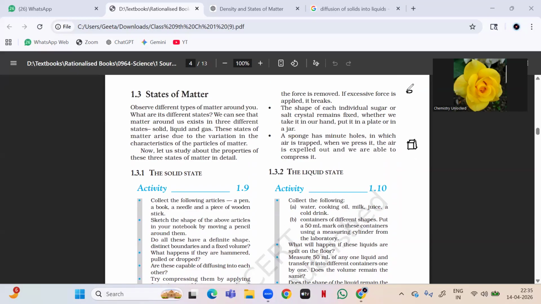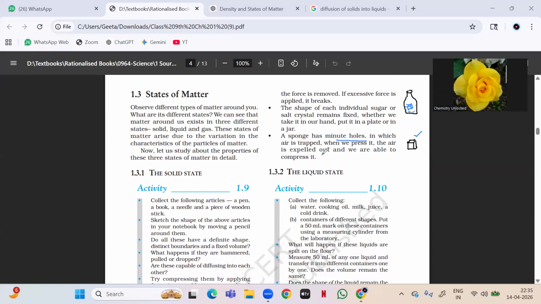If you are putting it in a jar, it appears that it is taking the shape of the jar. But if you see the crystals separately, the crystals are maintaining their shape, although they take the shape of the jar like this. So again, it complies to the properties of solids, that solids have a fixed shape and fixed volume.